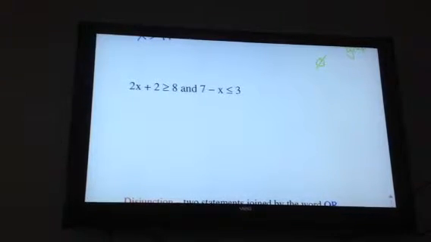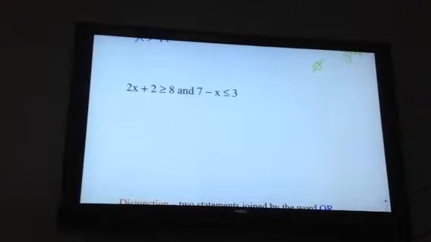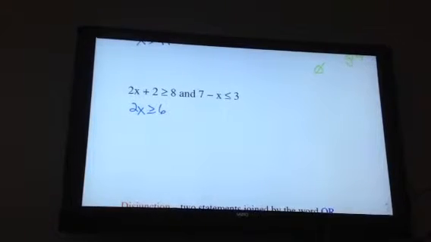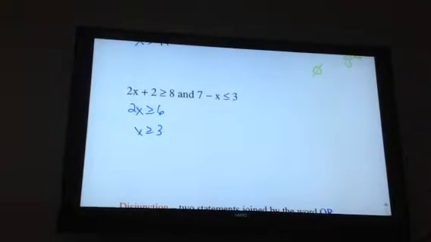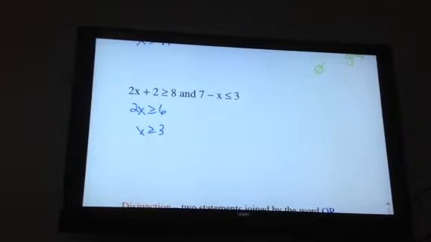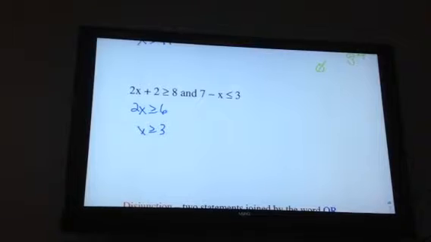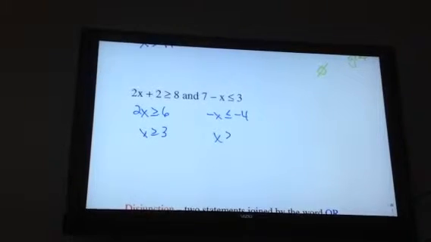Okay, let's look at our fourth kind. We solve each one, so we subtract 2, divide by 2, so x is greater than or equal to 3. And on the one on the right of the and, we're going to subtract 7 and divide by -1. Ding, ding, ding, ding. I'm dividing by a negative.